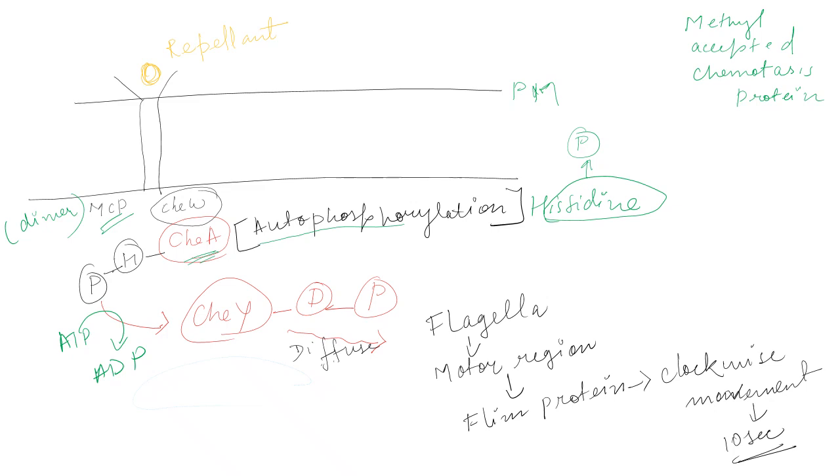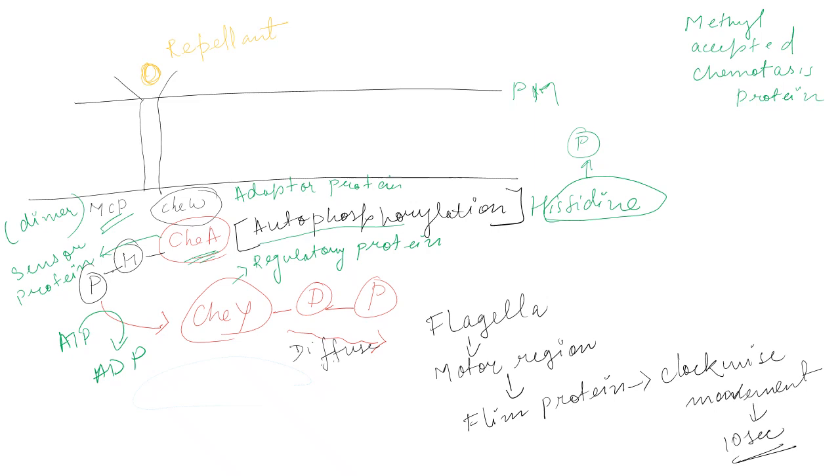Then after getting converted to ADP, now there is another molecule, that is CHEY. This CHEY is a regulatory protein, and CHEW is an adapter protein, and CHEA is a sensor protein.